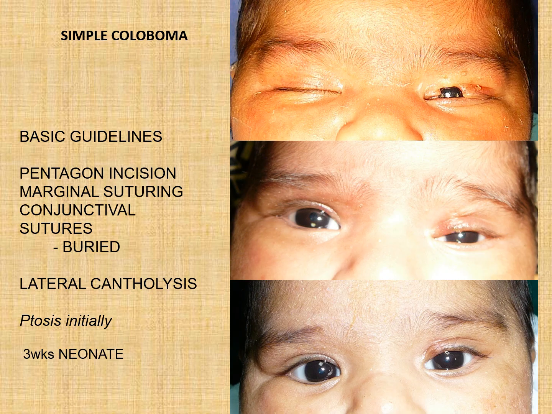Basic guidelines are a pentagon incision, marginal suturing, conjunctival suturing which should be buried, lateral cantholysis if there is tension. Initially there will be ptosis, subsequently it gets cleared. It is better to do it in a neonate also.